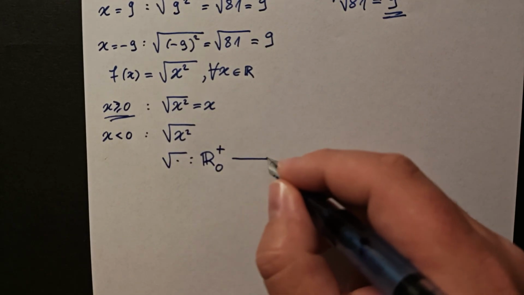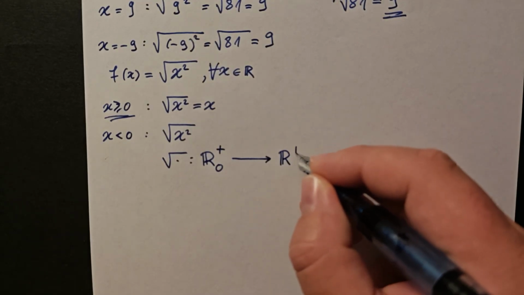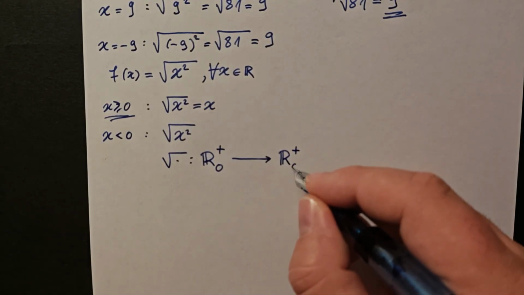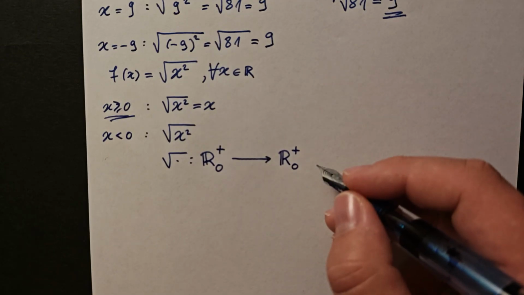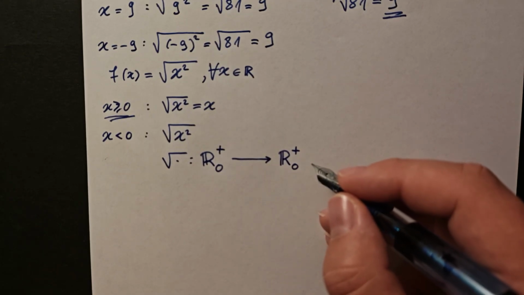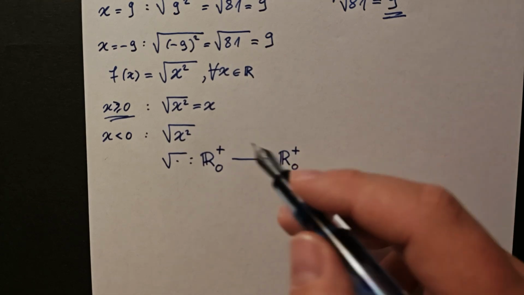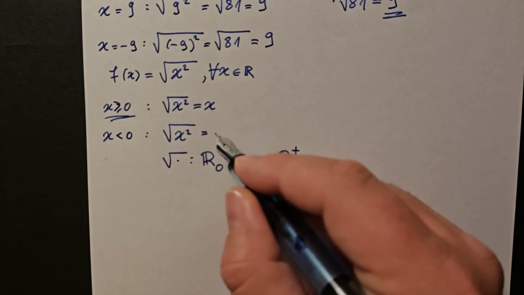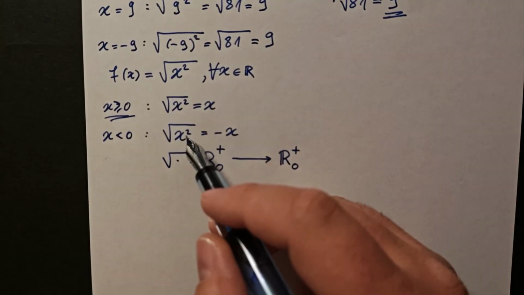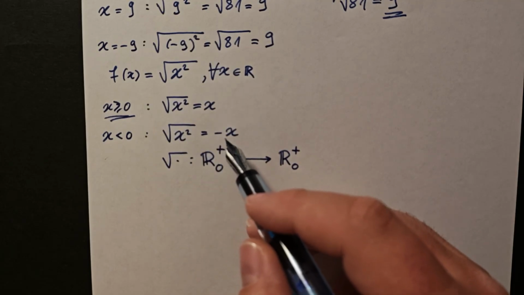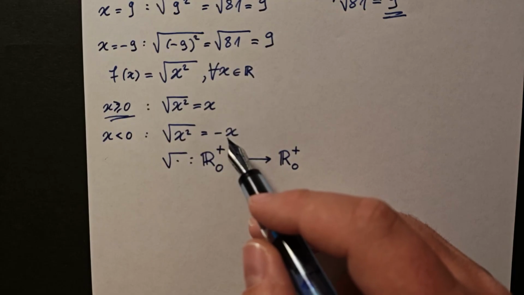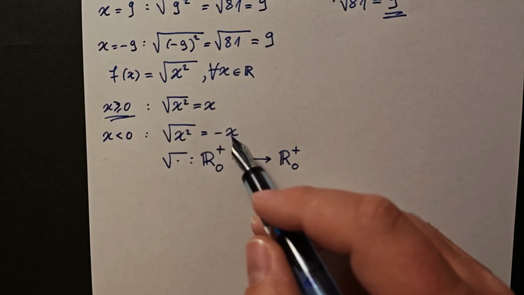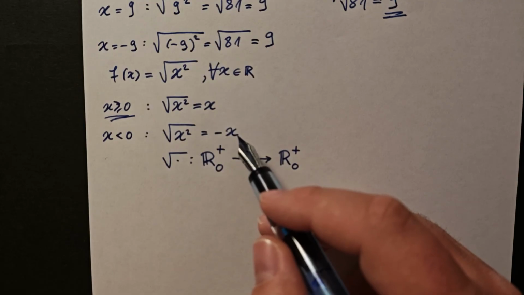And it maps it into the same set, R of positive numbers, including 0. It can't give a result which is a negative number. So the square root of x squared is equal to negative x. So when you take the square root of x squared where x is negative, you are going to get this negative x. Because x is negative, the negative x will be a positive number.